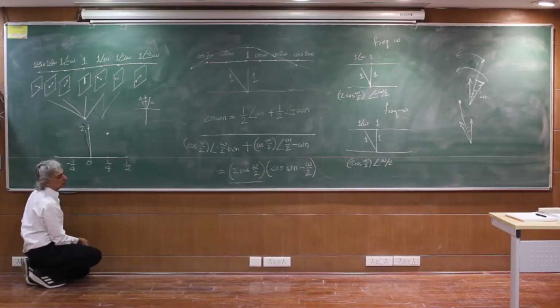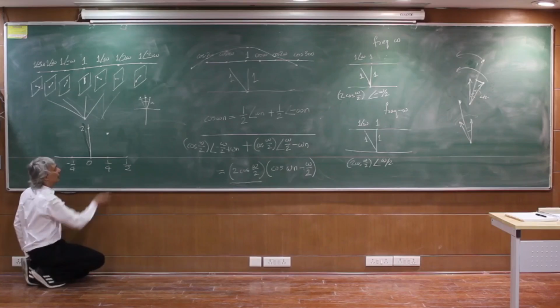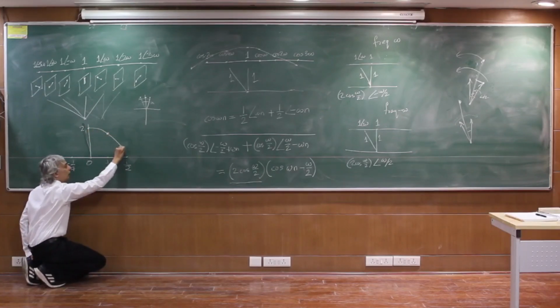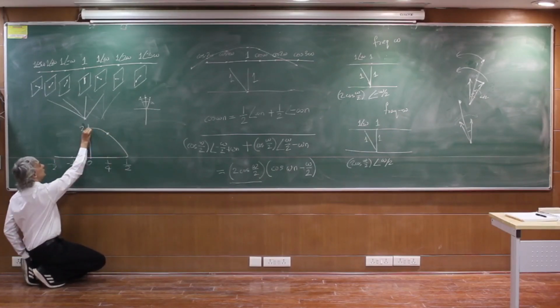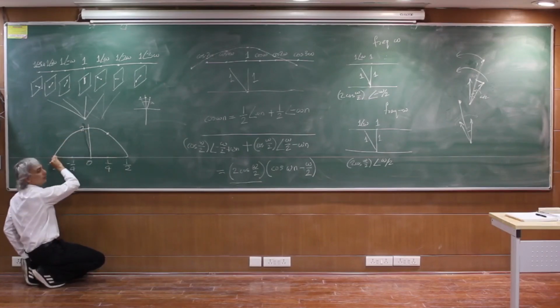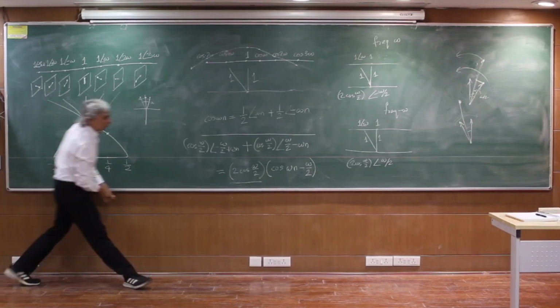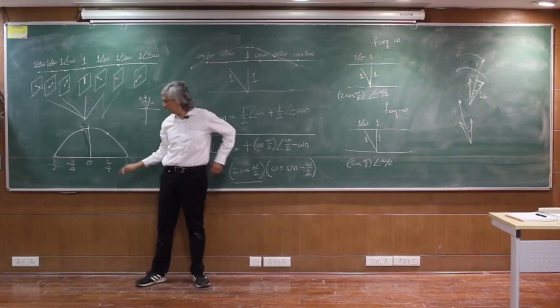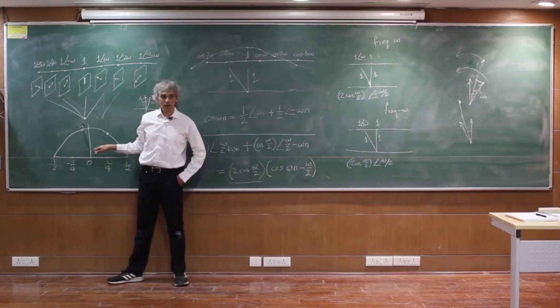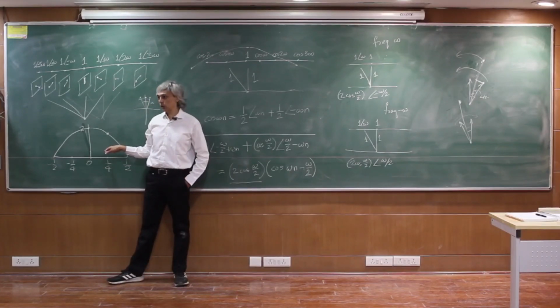What is 2 cos 180 degrees by 2? It is 0. Correct? And so you have this kind of a shape here. Okay. So for the moment, if you disregard the phase and just consider the amplitudes, what is happening to amplitudes of different sinusoidals is expressed by this diagram. Do you understand it? Right?